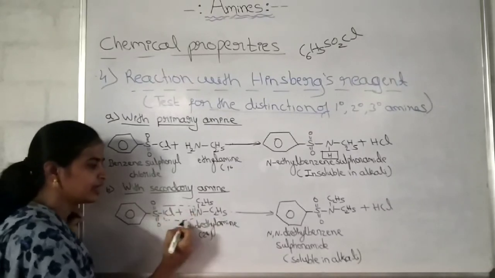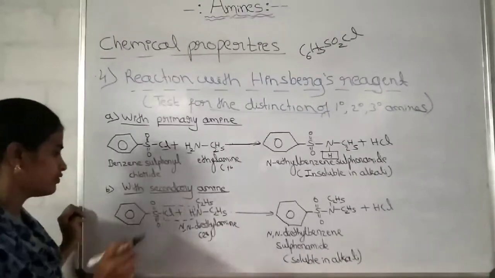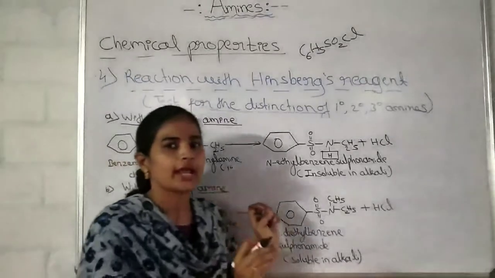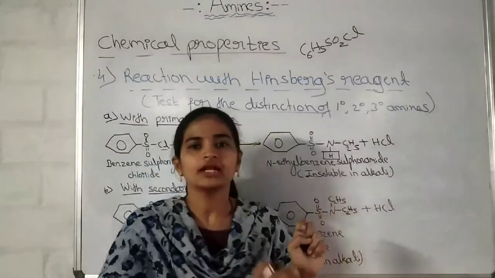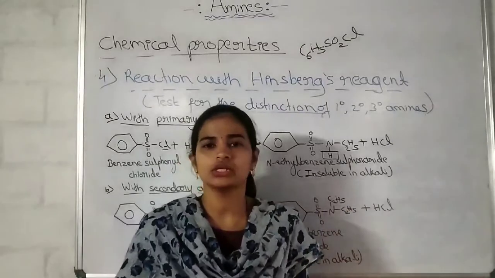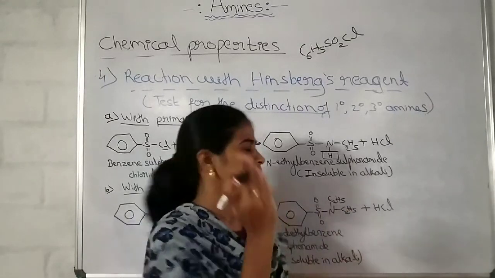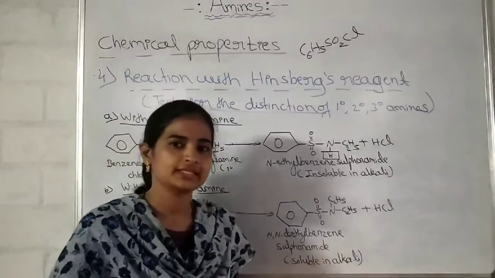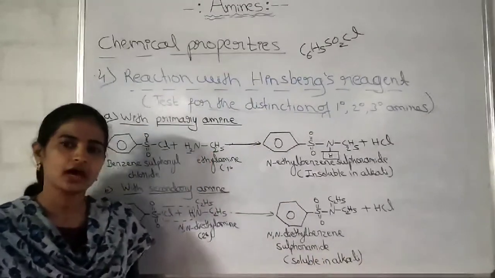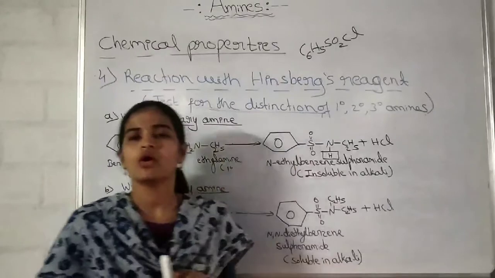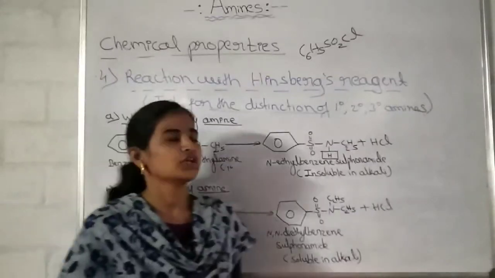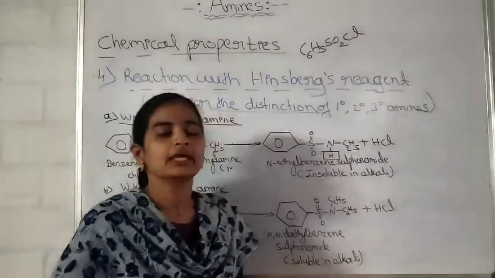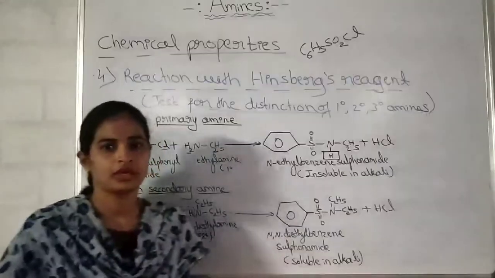We cannot eliminate the HCl molecule. Therefore, benzene sulfonyl chloride will not react with the tertiary amine. No reaction takes place. This is how we can distinguish between primary, secondary and tertiary amines by using benzene sulfonyl chloride.